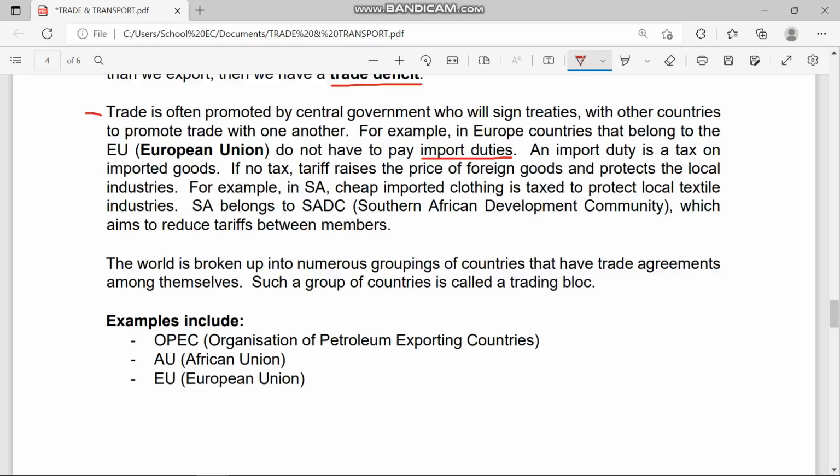As South Africans, we are going to be motivated to buy these cheaper goods from China, Shein clothing. We want to buy these goods and services.